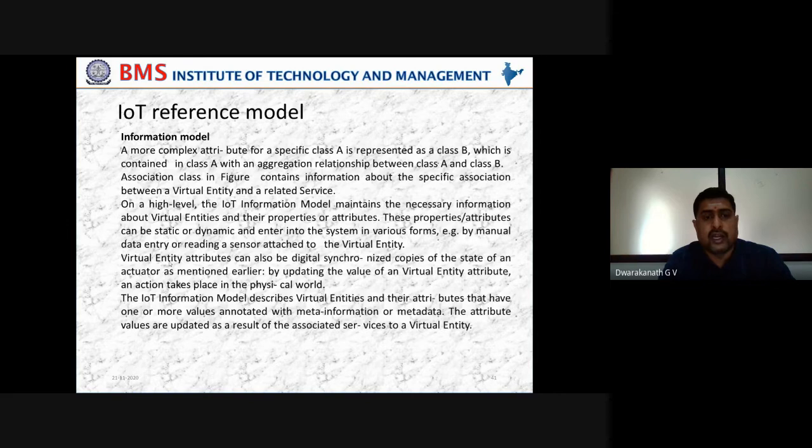For example, by manual data entry or reading a sensor attached to the virtual entity. Virtual entity attributes can also be digital synchronized copies of the state of an actuator, as mentioned earlier. What it actually means is that, based on the values of that particular thing, you can even run an actuator. For example, a stopper: once a person presses a button, the green light comes, he takes a token out, and automatically the bar of the stopper should go up.